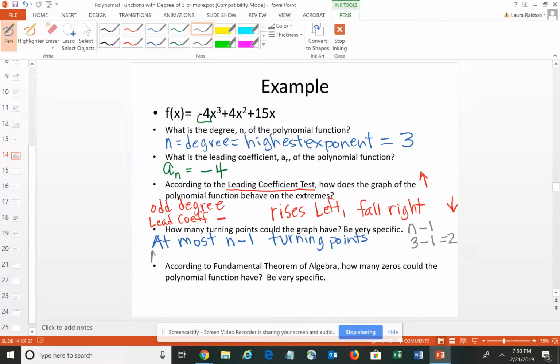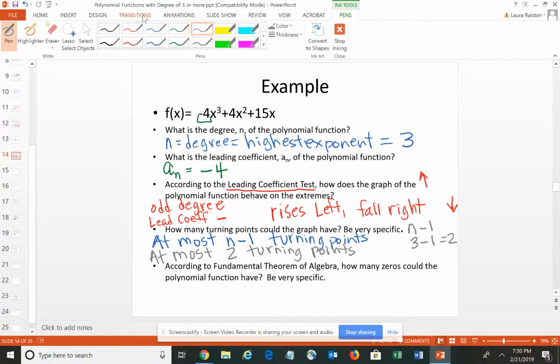So that tells me that I'm going to have at most 2 turning points. Now remember, at most means it could be 2 or less. Okay, at most means 2 or less.